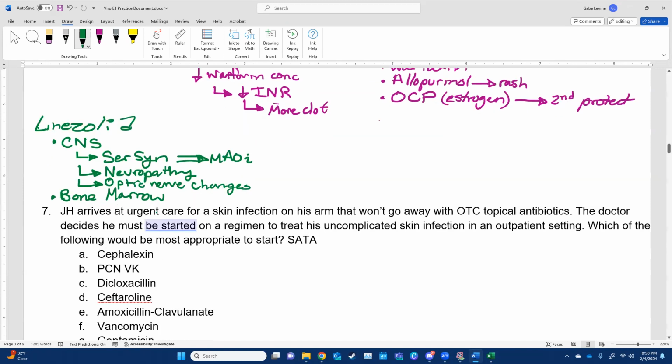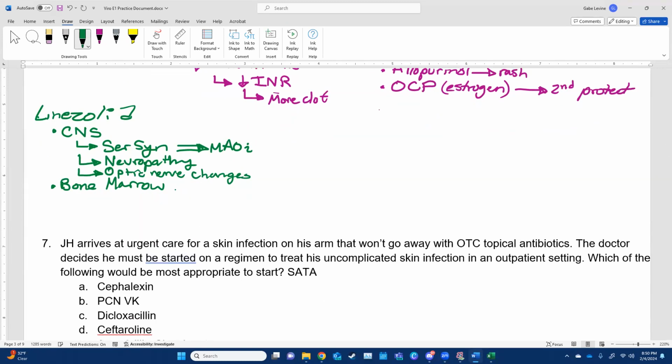Great. So, what is linezolid doing to the bone marrow? Is it causing suppression or is it accelerating the bone marrow? Suppression.